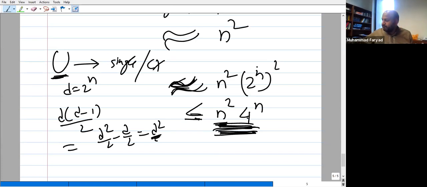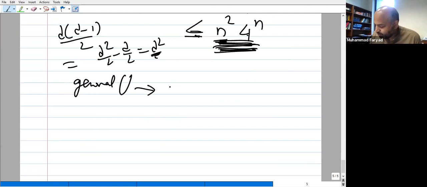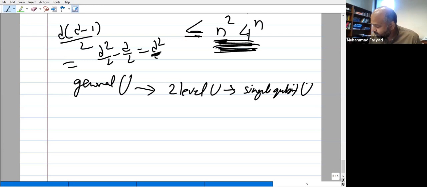So let me keep going with the last part, because now we are coming to, sort of the root of the problem. And that is that, okay, we now have broken down our problem from general unitary to two-level unitary, and then single qubit unitary, plus of course CX.